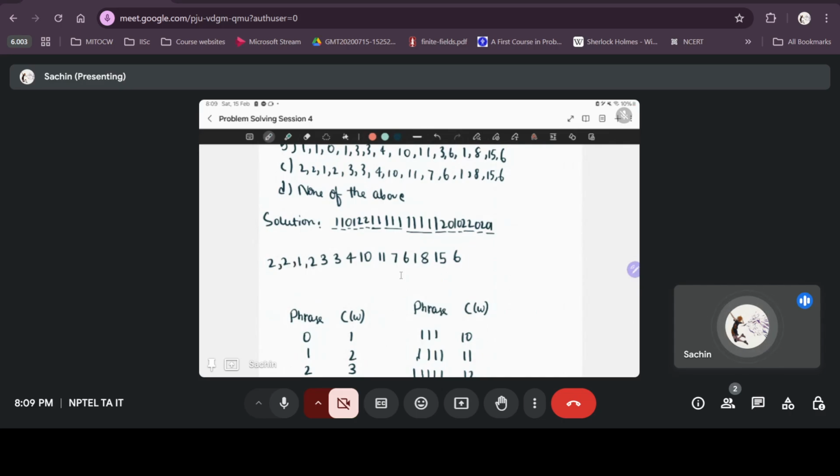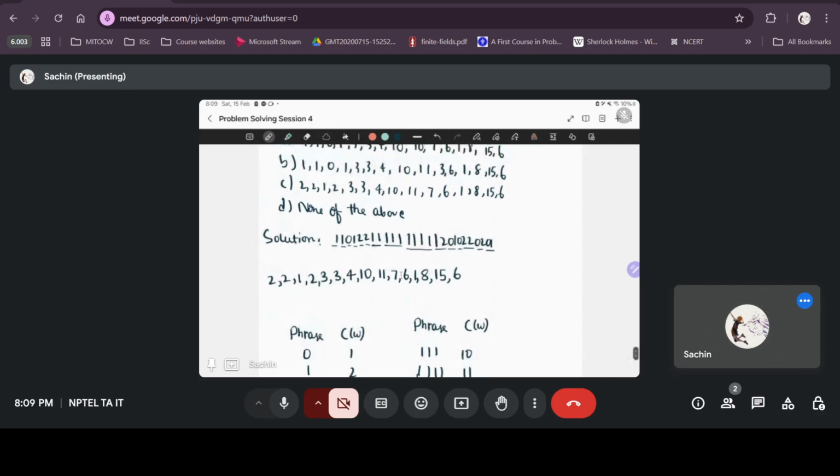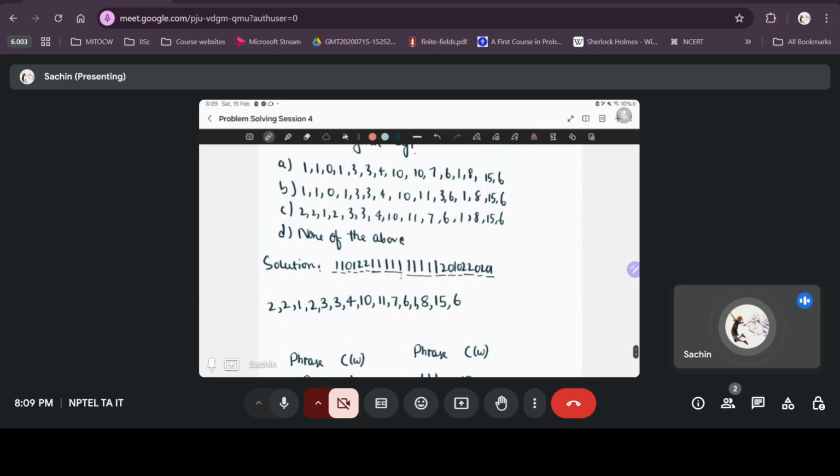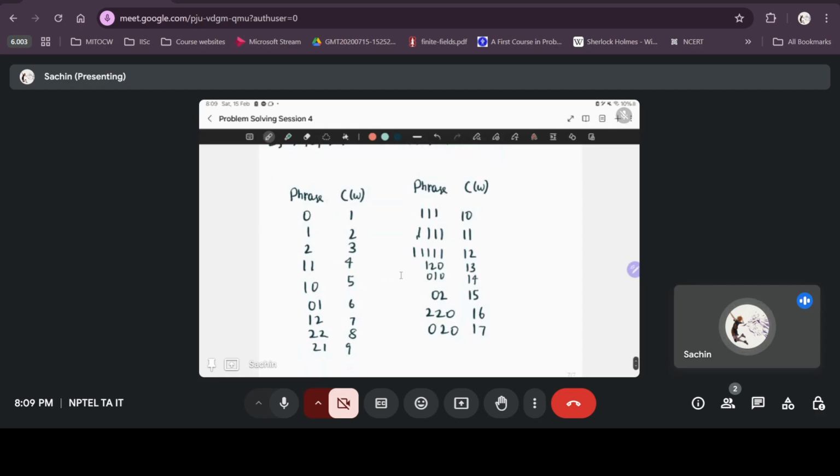So by the LZW algorithm, the encoded sequence is 2 2 1 2 3 3 4 10 11 7 6, which matches with option C.